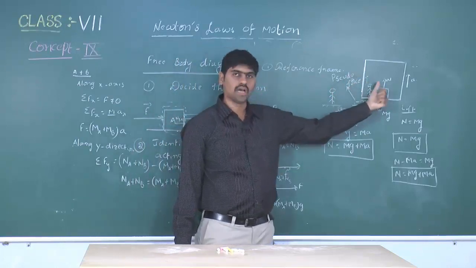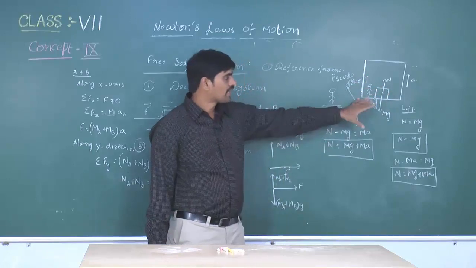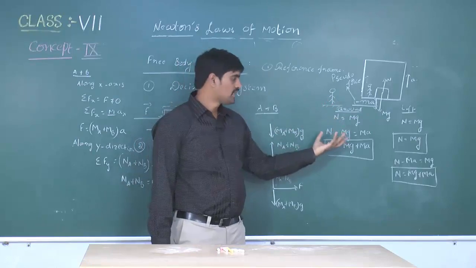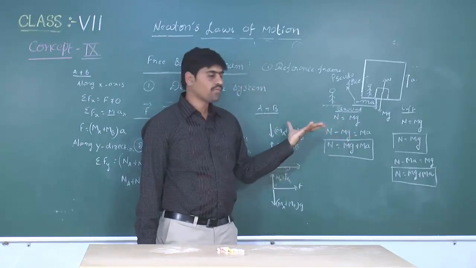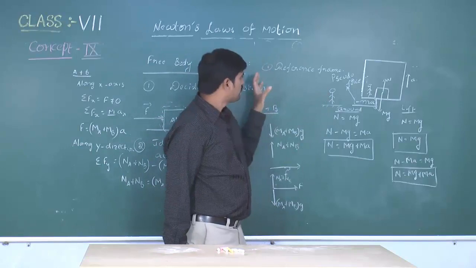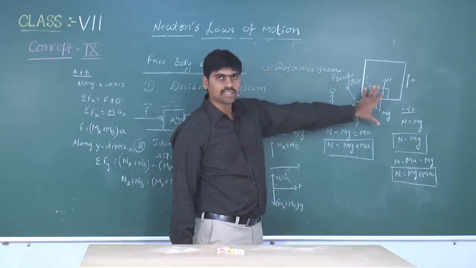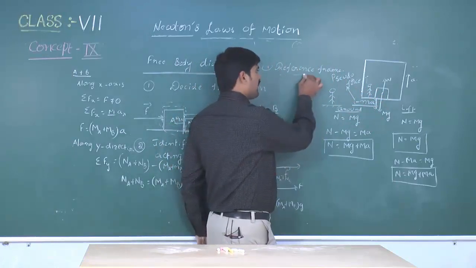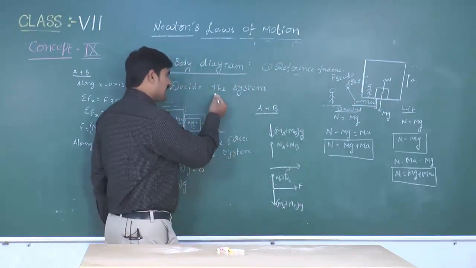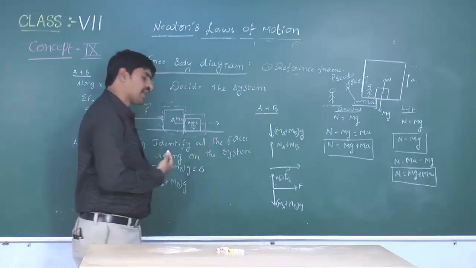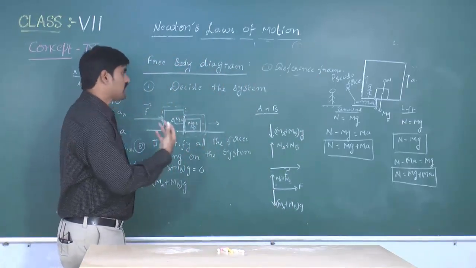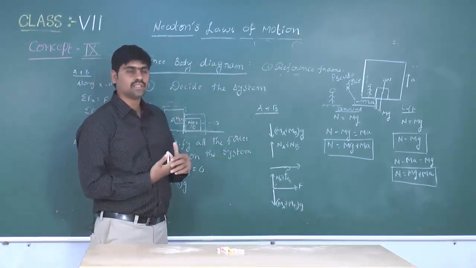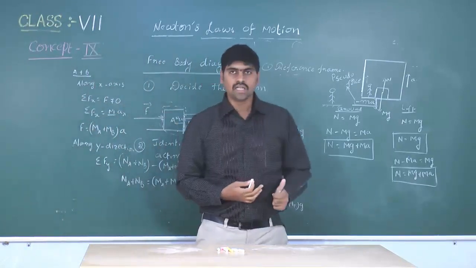If the observer is in a non-inertial frame, he has to add one extra term called pseudo force. If the observer is in an inertial frame, he has no need to apply anything. So first you take one block as a system, and the very important point is the reference frame. Next, decide the system, identify the forces, choose the coordinate axes and apply Newton's laws. So that is concept 9.